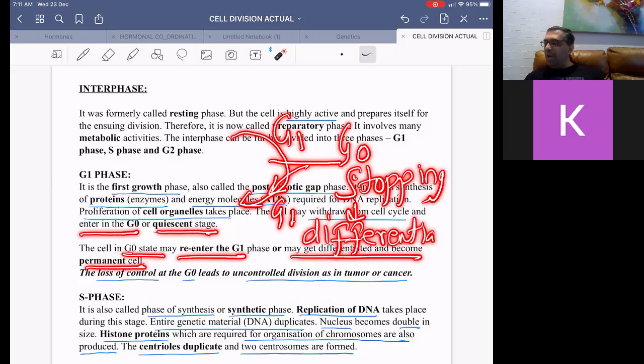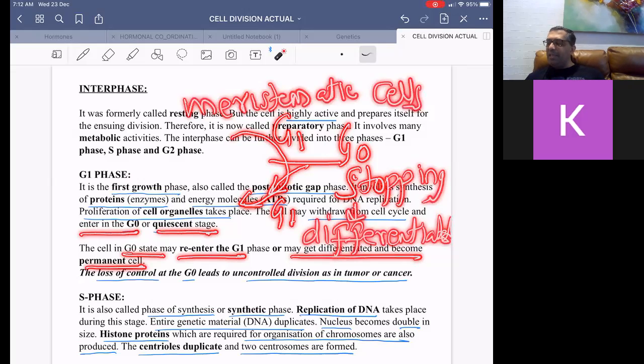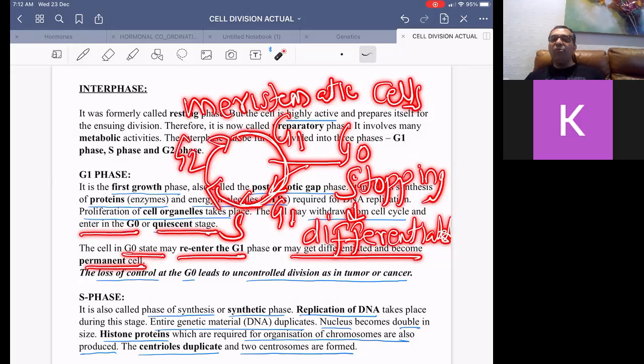So, example, you have meristematic cells. Meristematic cells are undergoing continuous cell divisions. A meristematic cell will undergo G1, S, and G2 phase, and then undergo cell division.